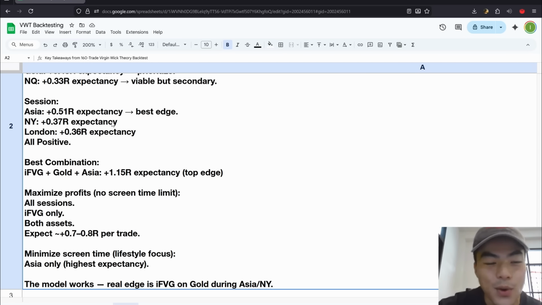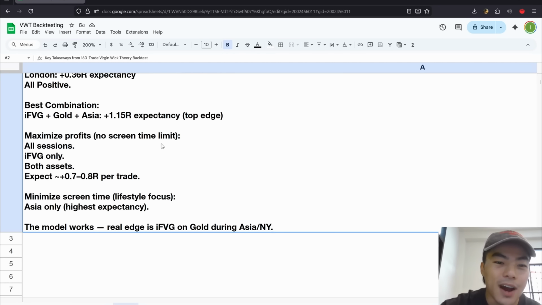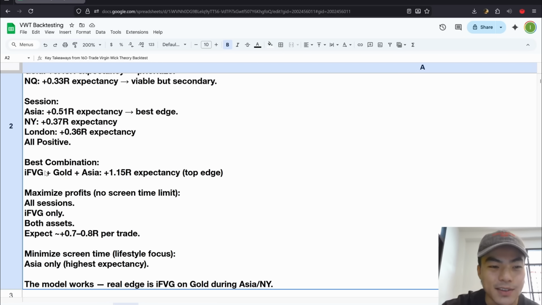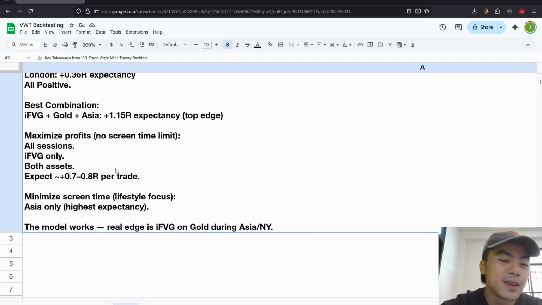But again, both New York and London are positive, so you can still trade all sessions if you don't mind the extra screen time. But yeah, clearly the best combination is trading inverse fair value gap entry models with gold during Asia for a whopping 1.15R expectancy. If you could only pick one session, one asset, that would be it.